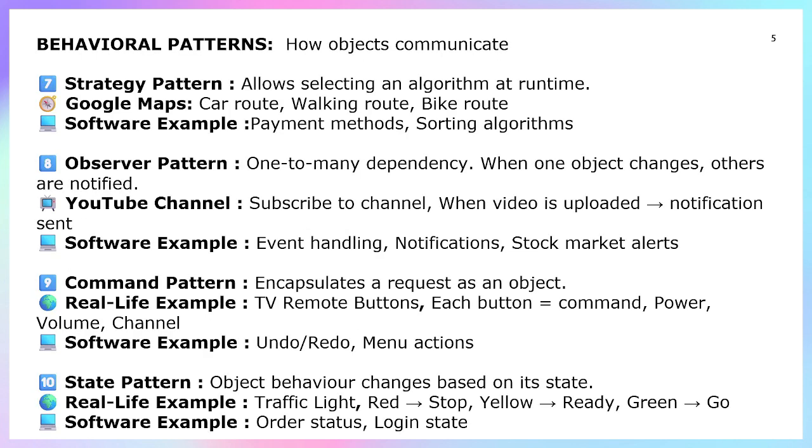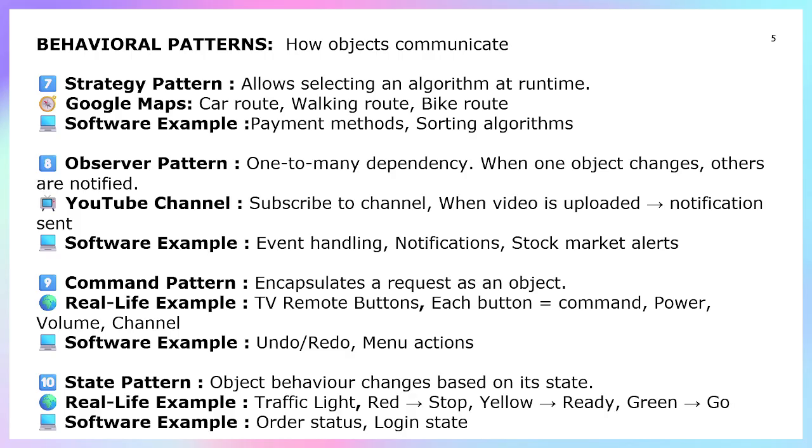The seventh one is the strategy pattern, which allows selecting the algorithm at runtime. For example, payment method, sorting algorithm, right? Google Maps is also an example: car route, walking route, or bike route. It depends upon the runtime in which way we use that method.